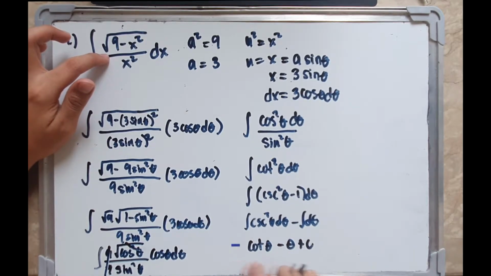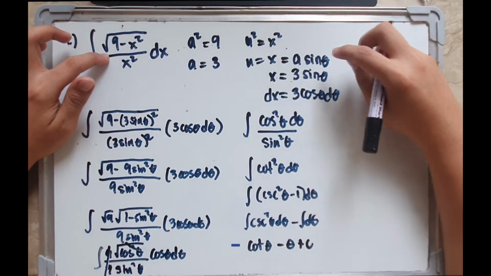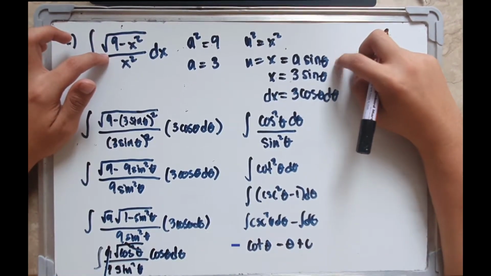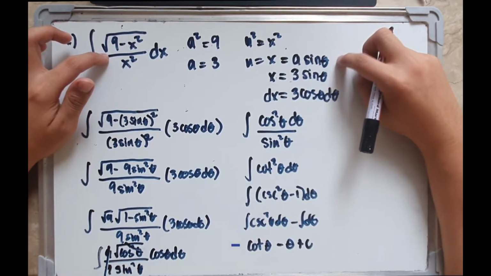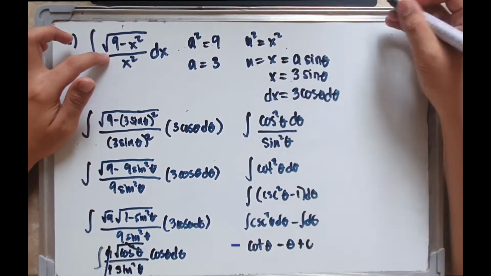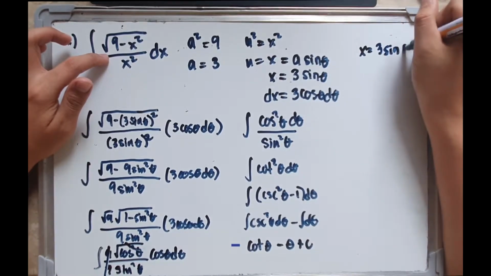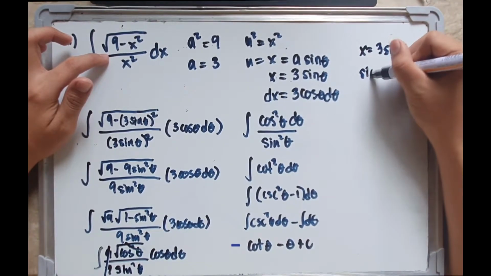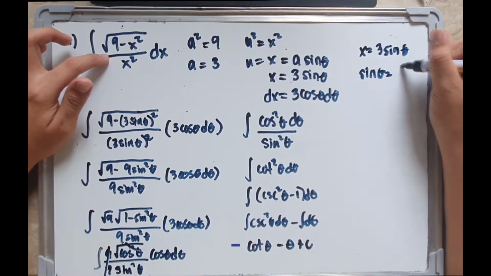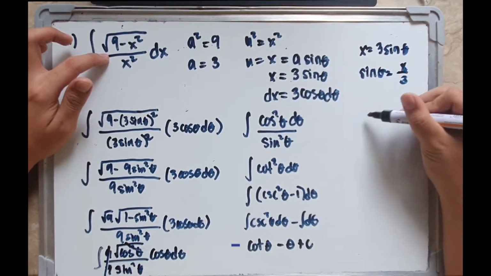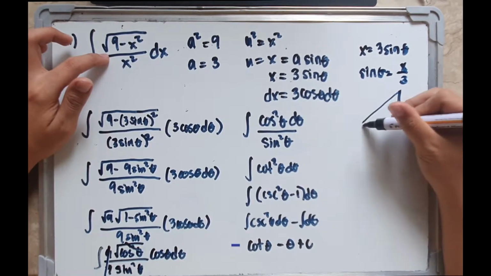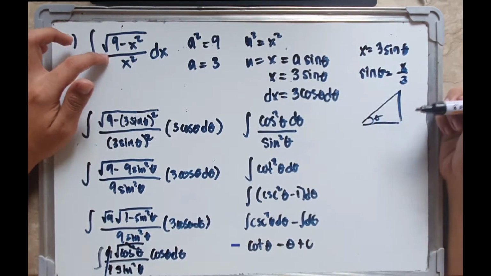So how do we convert this one? Okay, let's begin constructing our right triangle right here. Notice we have the value x is 3 sine theta. What is sine theta? That is x over 3.